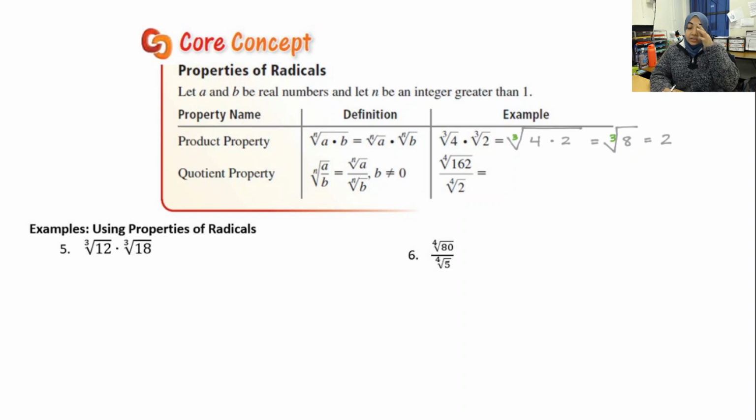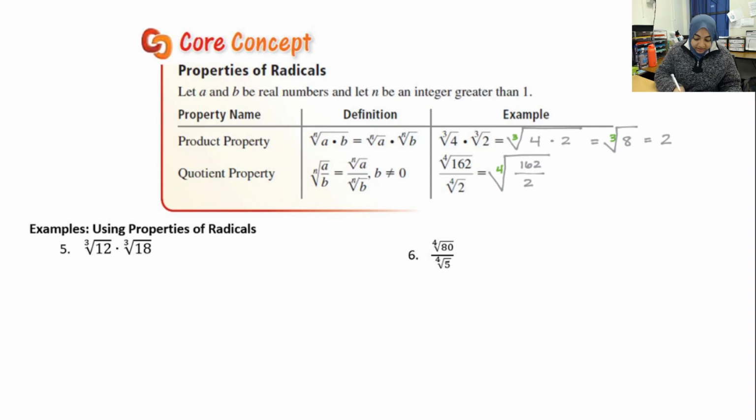All right, the next one is the quotient property. Same thing. If I can divide under the root, I can separate the root, keep the n the same, and divide them after. And I can go backwards as well. So here I have the 4th root of 162 over the 4th root of 2. So I'm going to squish it back together. Yes, that is a technical term. Just kidding. No, it's not. I'm going to put it all under one radical symbol with a 4th root, and I'm going to say 162 over 2.